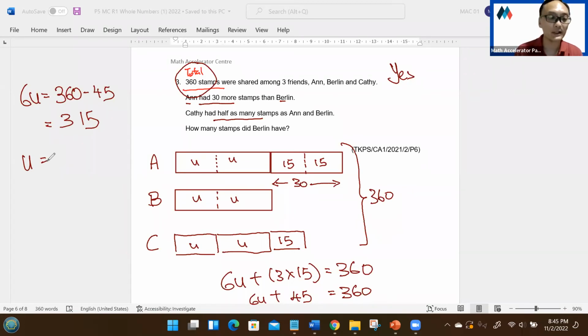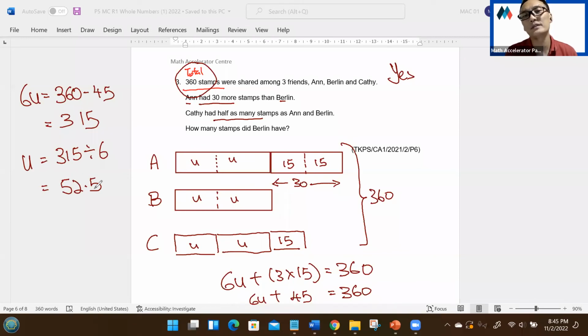Right, you should have a decimal place, but it's fine, right? So this is 315 divided by 6. How many of you are able to get 52.5? Right, type me if you can get this. Great.